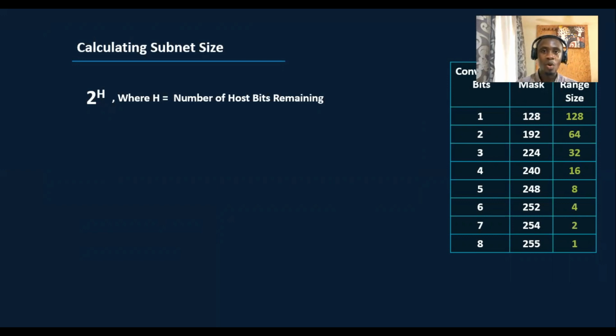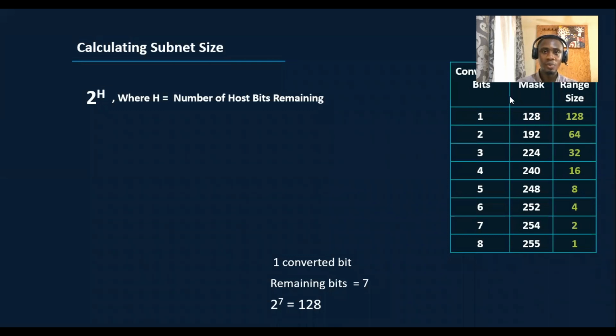If you have more host bits, that means you would have converted fewer bits from zeros to ones. But if you have fewer host bits, it means that you have more conversion of bits from zeros to ones. And the other thing you should know is that if you convert more bits, it means that your subnets will be bigger, but your IPs will be smaller. And you realize that very soon.